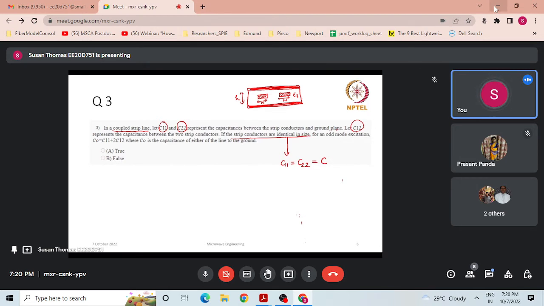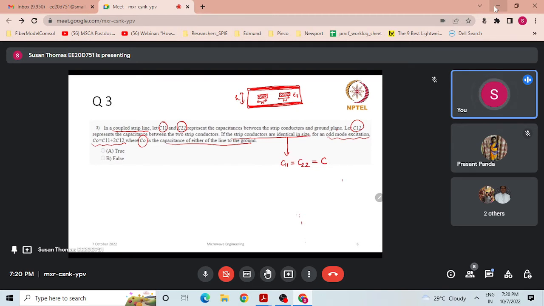Now in case of odd mode excitation, C0 is equal to C11 plus 2 times C12, where C0 is the capacitance of either of the lines to the ground.